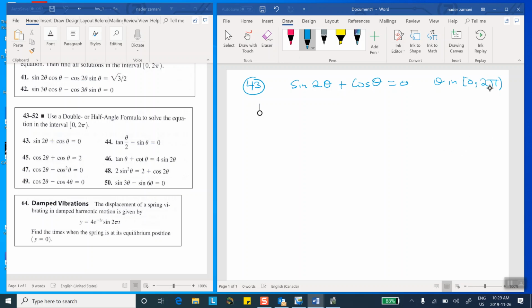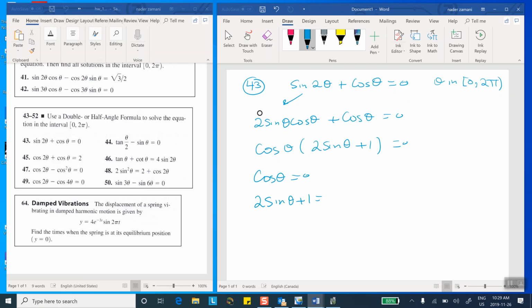And they're already helping you. They tell you what to use, the double angle formula. So this is going to be 2 sine theta cos theta plus cos theta equal to 0. Is that right? Yep. So factor the cos of theta. You get cosine of theta times 2 sine of theta plus 1.